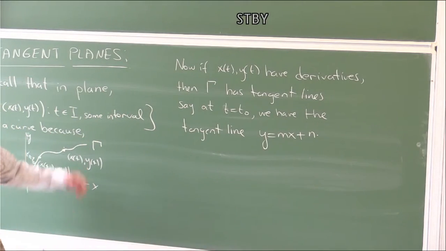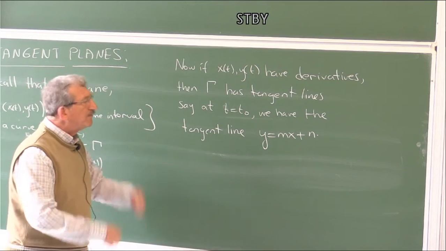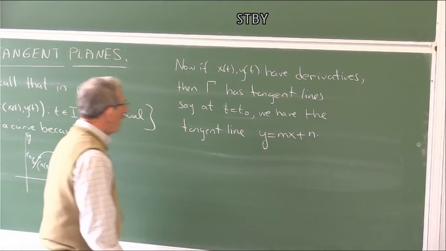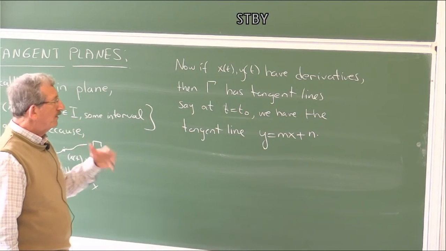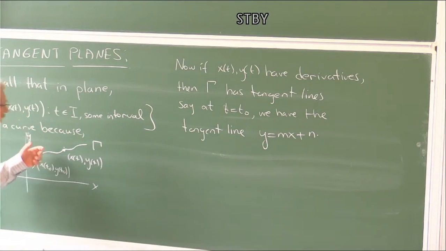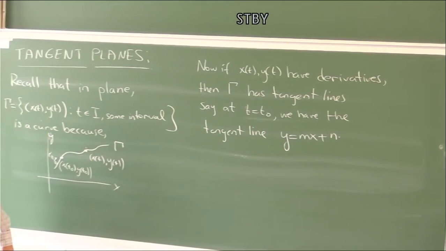Of course, we have a certain slope, which is the derivative of the function, and so on. Now, this is the equation of the tangent line, and x of t, y of t is a representation of the curve.